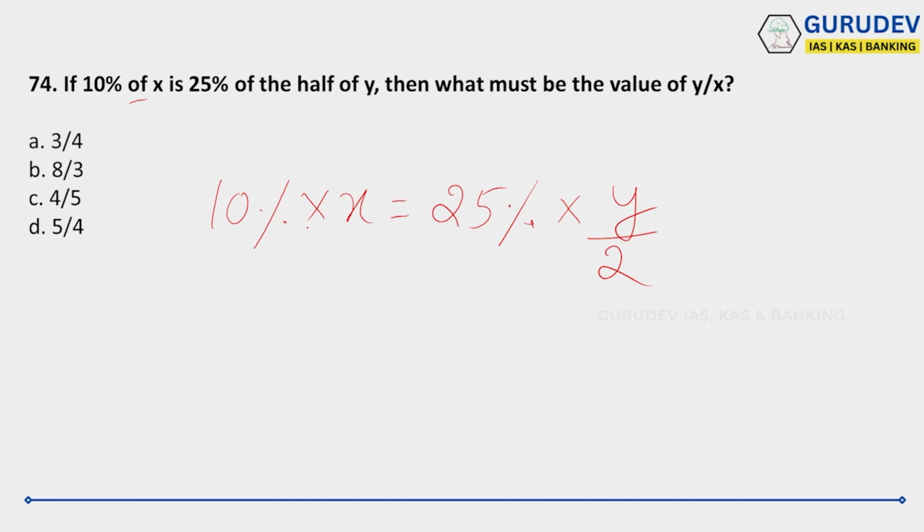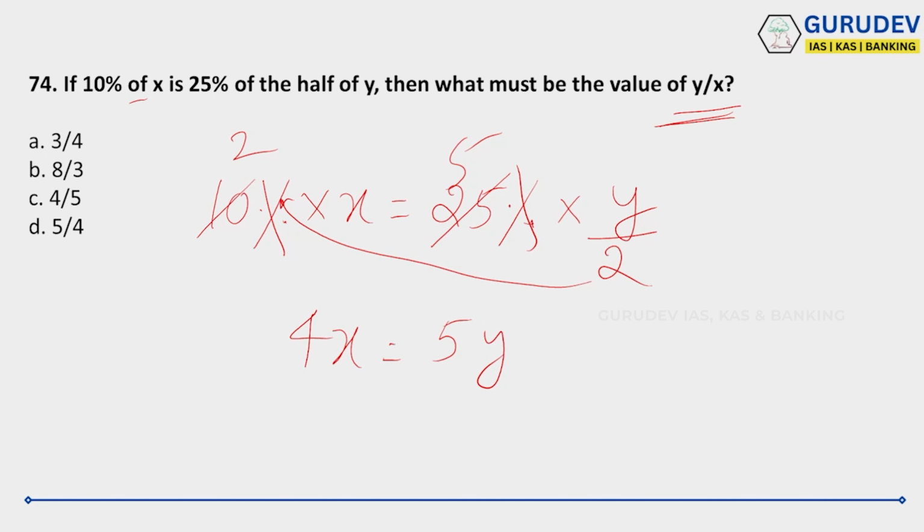Now we have multiplication on both sides, we can cancel easily. Percentage gets cancelled, and this will be cancelled by the common number, that is 5, and 2. Next, if you cross multiply, this 2 goes to the left hand side numerator, that is 2 fours are 4. The x will be as it is, equal to, on the right hand side we got 5y.